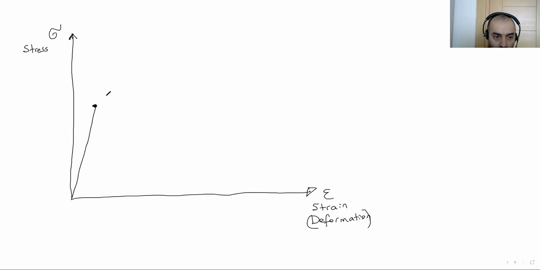After that, this is another point. Almost linear part. After this linear part, here is the fracture.